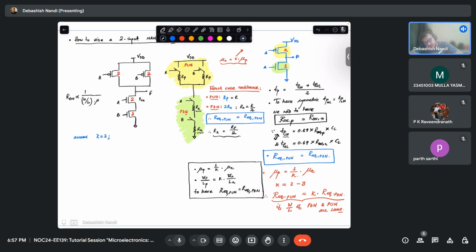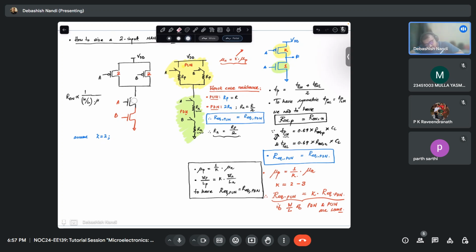Suppose I had two PMOS above and one NMOS, I would simply make the size of this 1. But in case of this two input NAND gate, I have another NMOS, so that adds resistance in series.